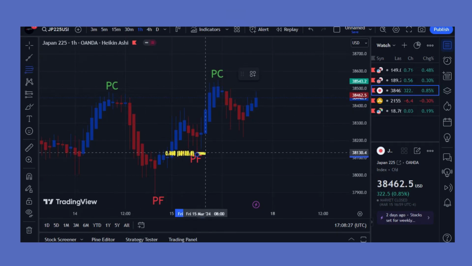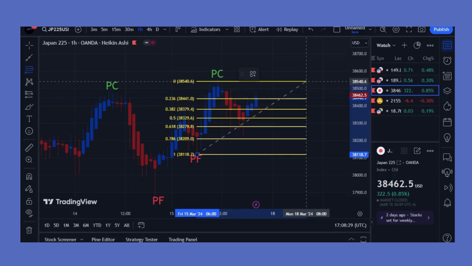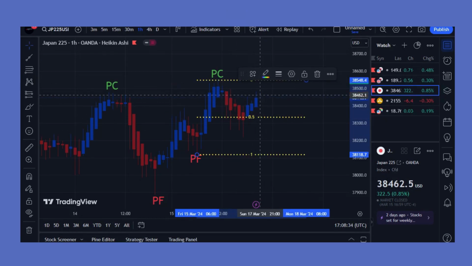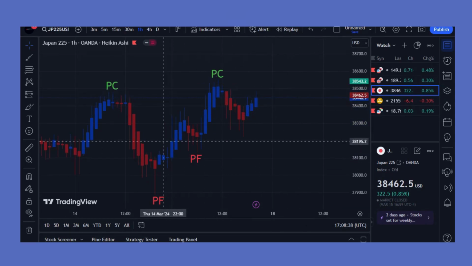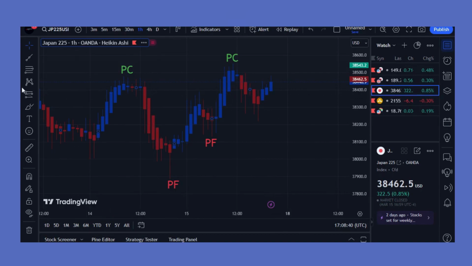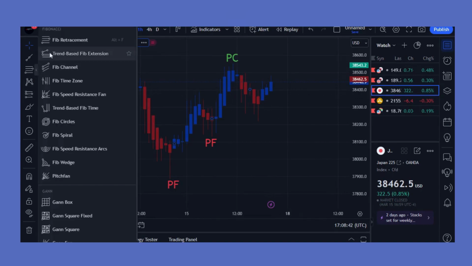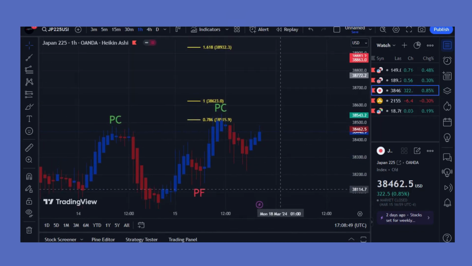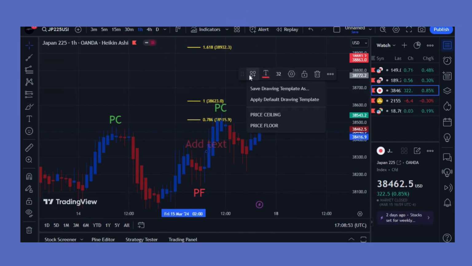Same Fibonacci, as you can see, currently on an expansion, which means the direction is bullish. All right, see how far it's going. The trade is going to move here, here, here. Okay, there's another price ceiling that I missed here.